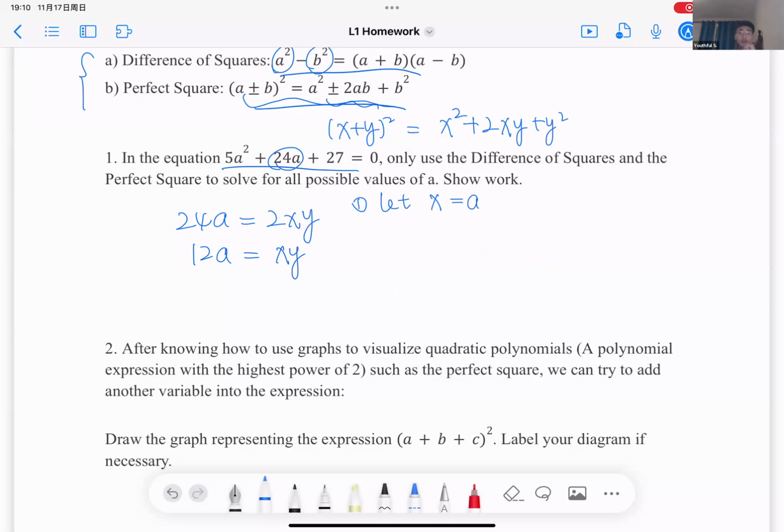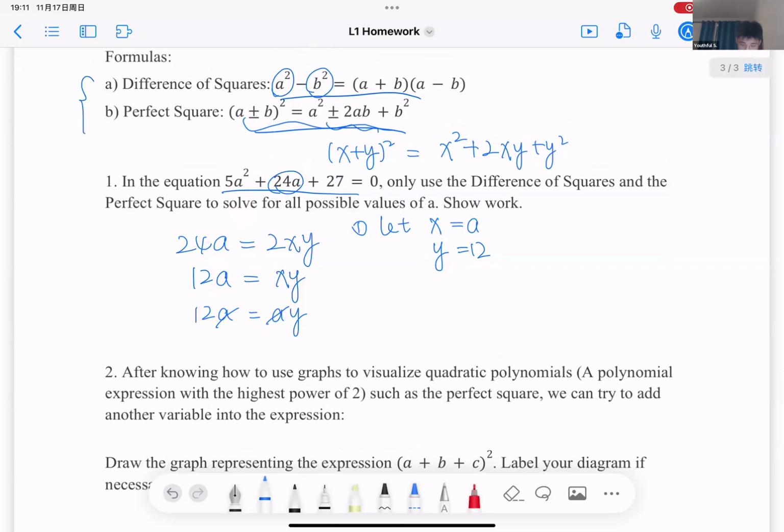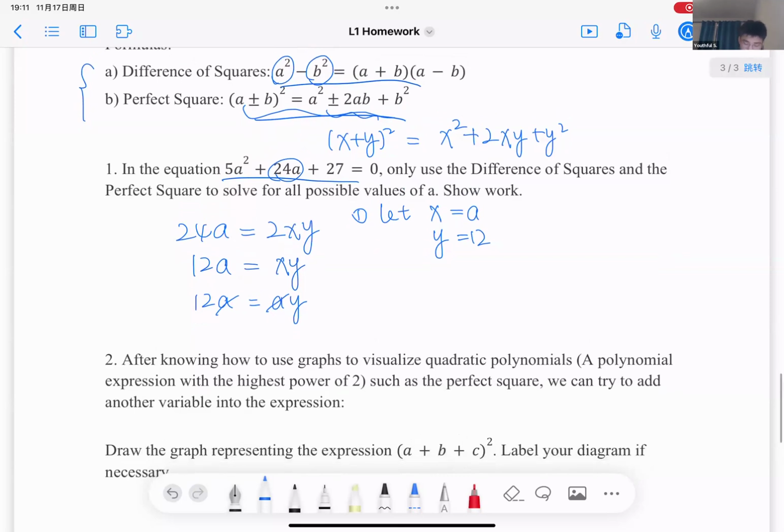If the coefficient in front of the variable is 1, in this case, 12a equals ay. So y is the constant. So let's cancel out a. So y equals 12 in this case. Well, if we have this, y squared equals 144.